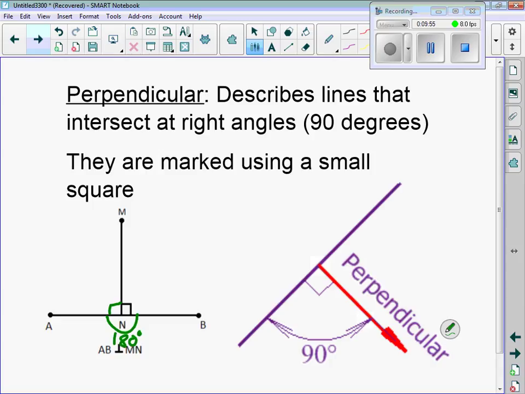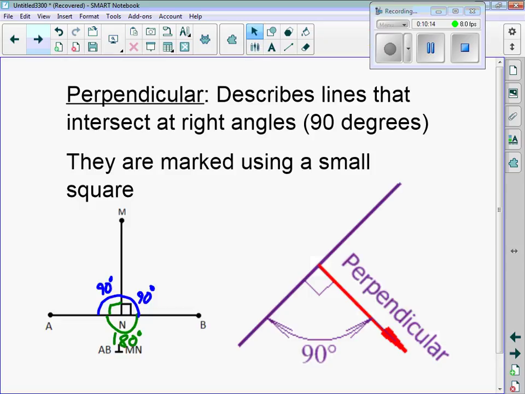So we have line AB and then line MN, and it splits line AB, the angle, in half. So there's 90 degrees on each side. This half would be 90 degrees, same with this half, because that makes up a straight line, which is 180 degrees.